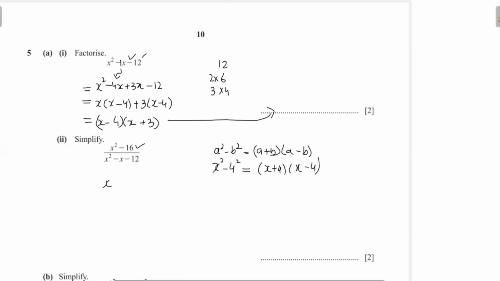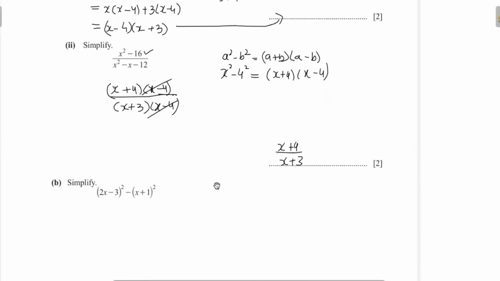The denominator expression is x square minus x minus 12, which is x minus 4 into x plus 3. We can write x plus 3 into x minus 4, and the x minus 4 and x minus 4 will be cancelled, and therefore the expression x plus 4 over x plus 3 fraction is the answer.